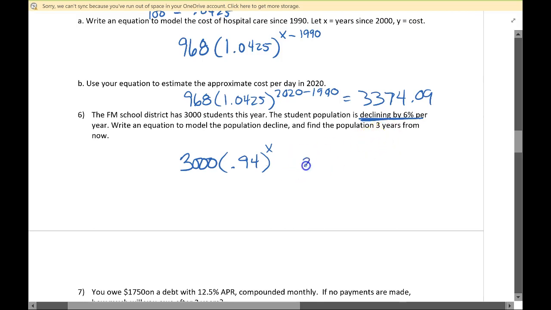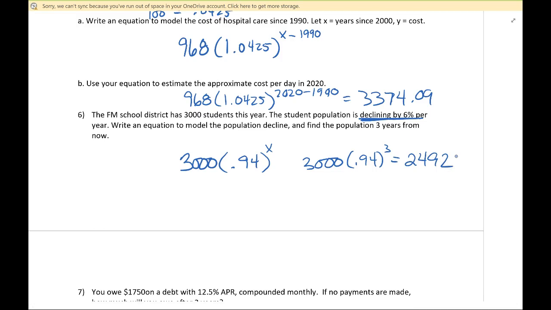And so we're going to do 3,000 times 0.94 to the 3, which gives us 2,492. And that was actually 91 point something, but you can't have a fraction of a student, so we're just going to round that up to 2,492.